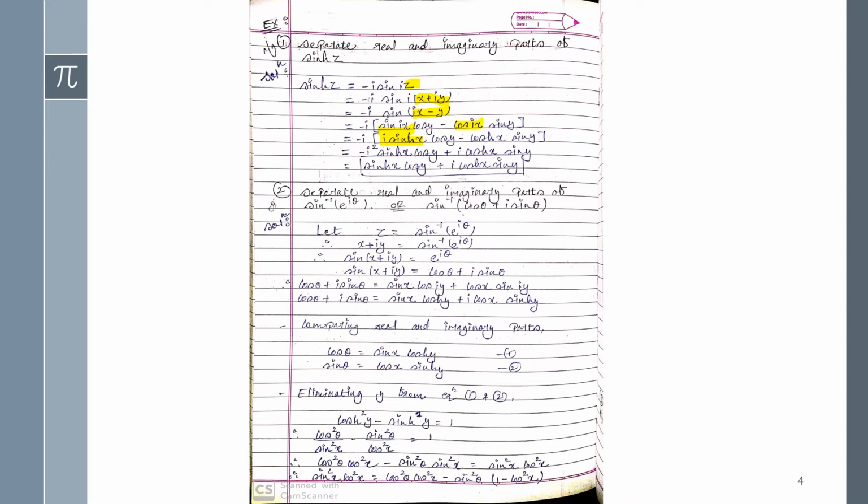In place of sin ix I am using i into sin hx, and in place of cos ix I am using cos hx. This is a formula only, guys, and without remembering this formula you can't solve this sum. So those formulas are very much important.